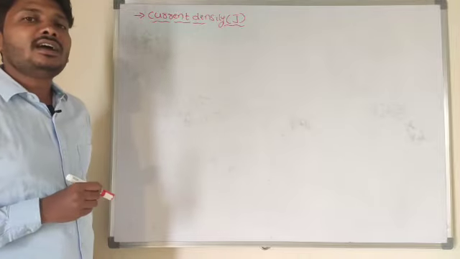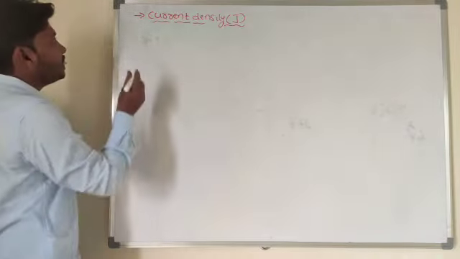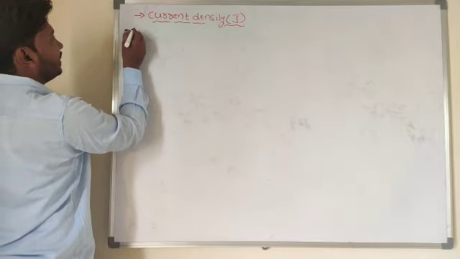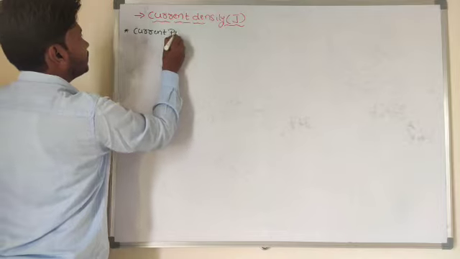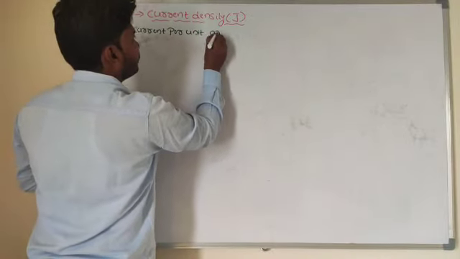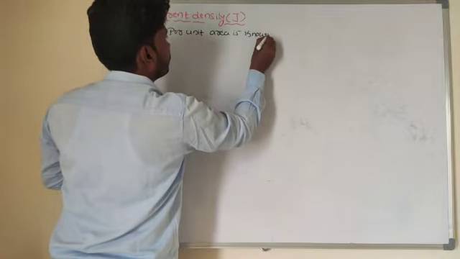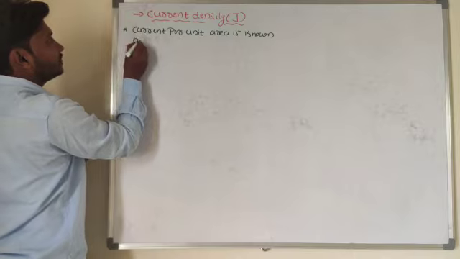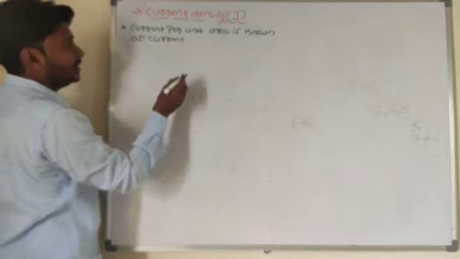So what is the definition we can say for current density? Current per unit area is known as current density.